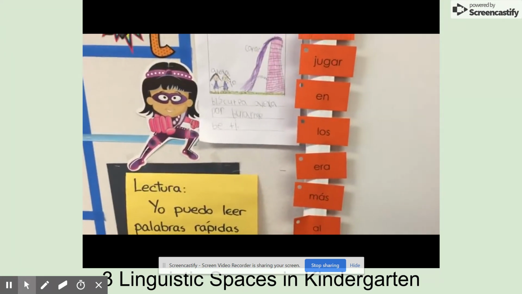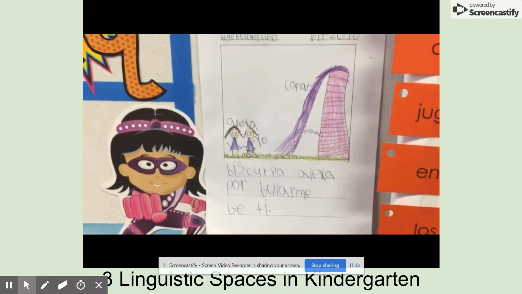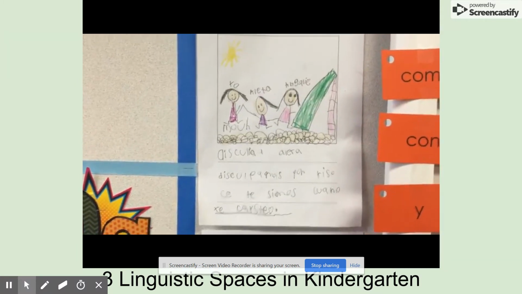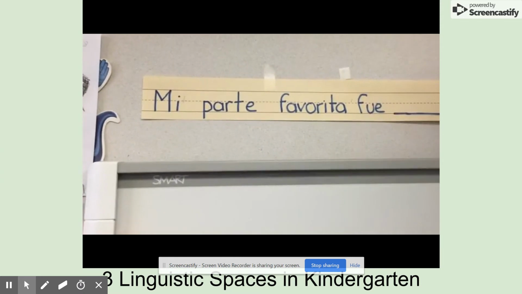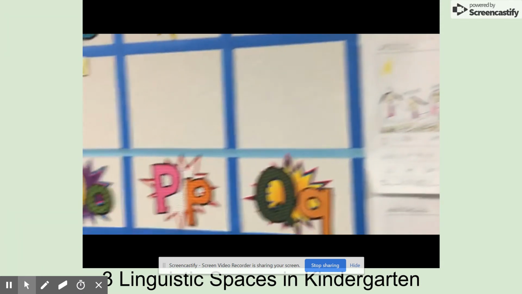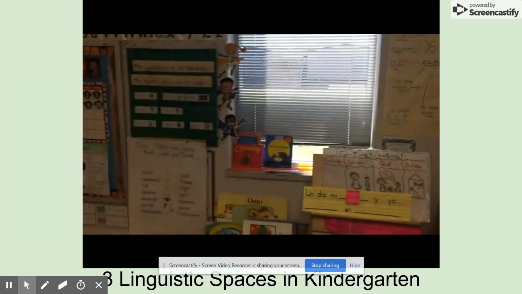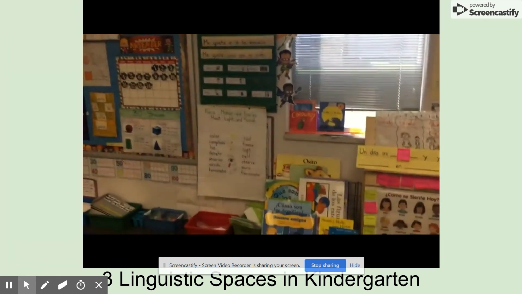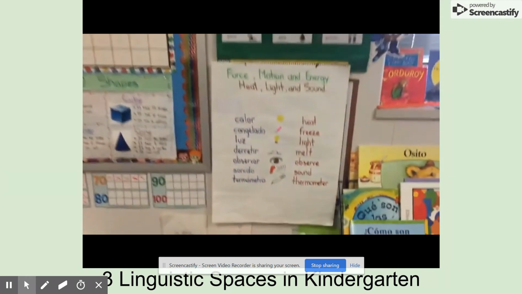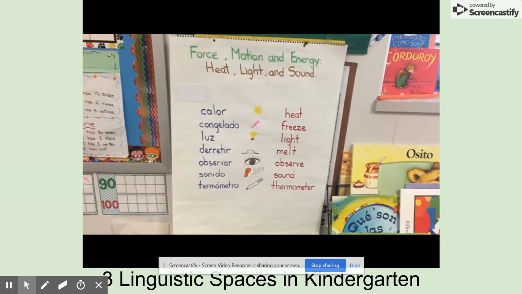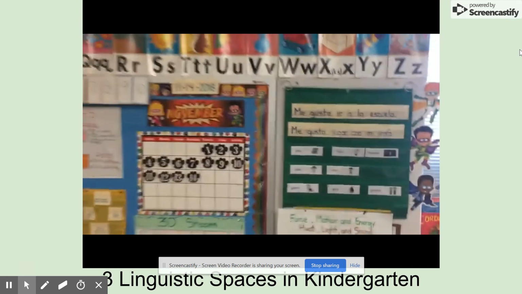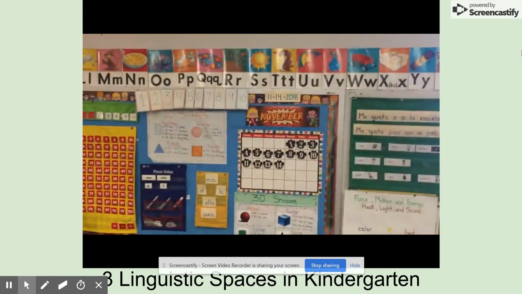On the Spanish side, we have student and teacher writing in Spanish with sentence stems and student writing. Then you have the bridge wall where there's just had some transfer being done between English and Spanish on this middle wall.